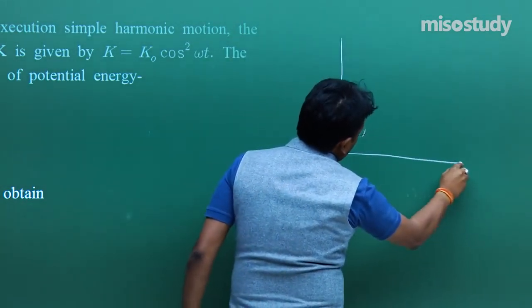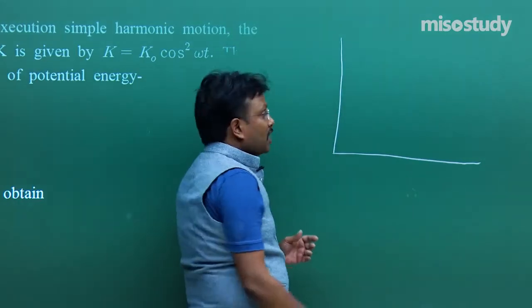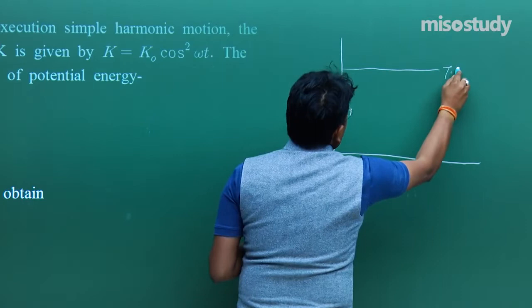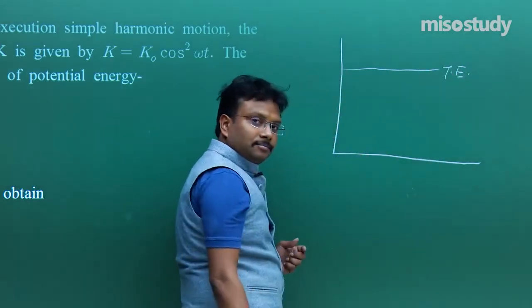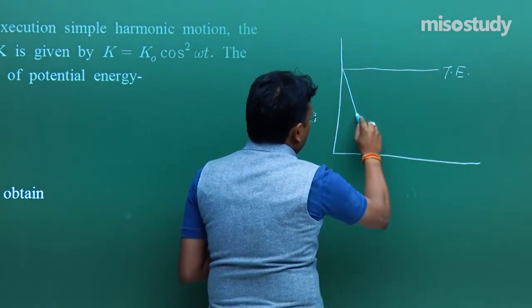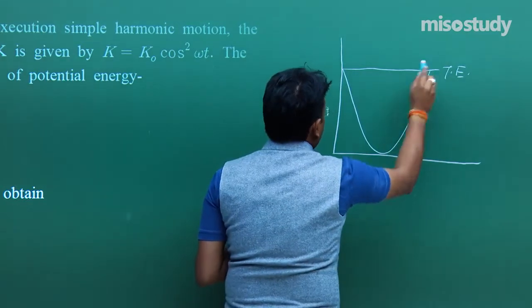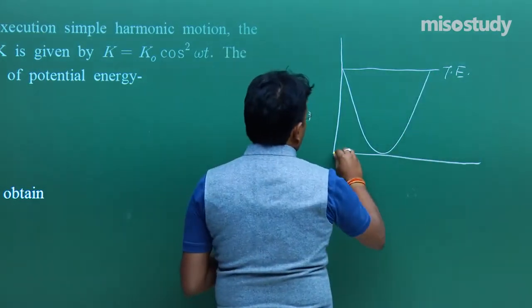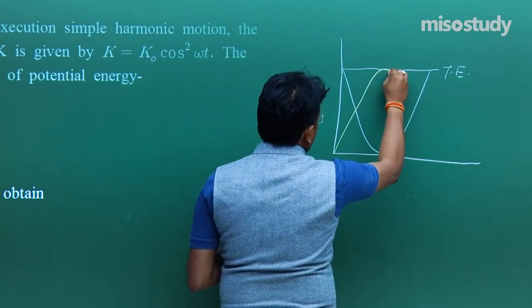Students, try to recall this graph in which I explained total energy, then one graph parabolic like this and another graph parabolic like this.